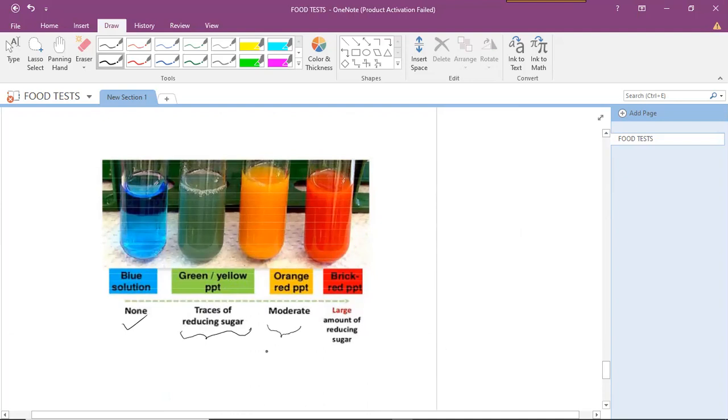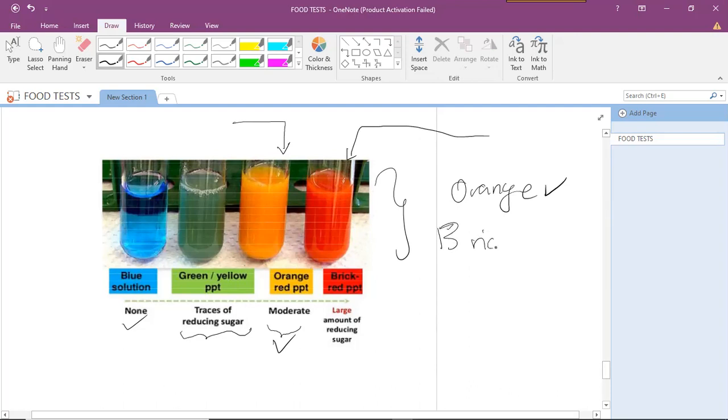So here you can just say reducing sugars are present if it's orange, or if it's brick red, you also have to say reducing sugars are present. So our end goal is to have something that looks like this or something that looks like that. So orange color is acceptable. But if a lot of reducing sugars have been observed, no wonder I said it's very important for you to carry out the experiment. You say the solution finally turned this brick red color, this color here, showing huge amounts of reducing sugars.